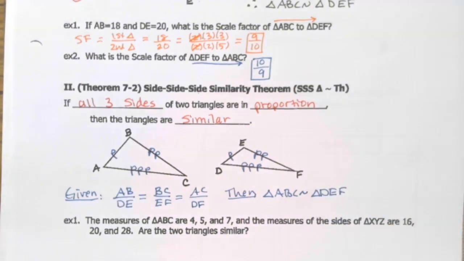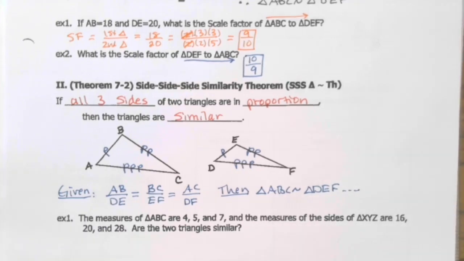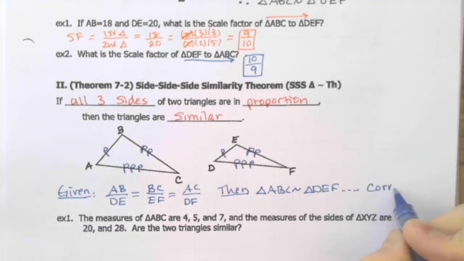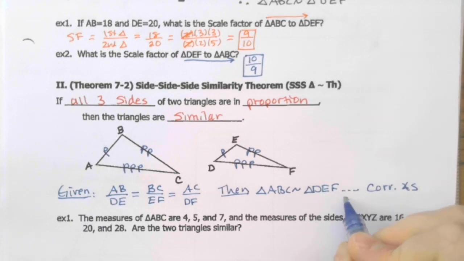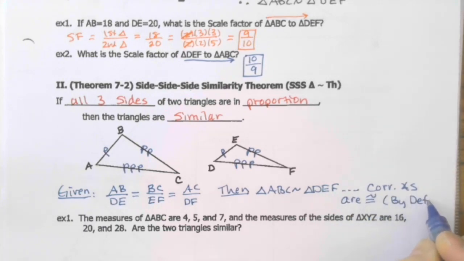And after you've proven similarity, of course, you can't use CPCTC because that's only for congruent triangles, but you can say that corresponding angles are congruent, and that would be by the definition of similar triangles. So we can get the angles out of this, just not using CPCTC.